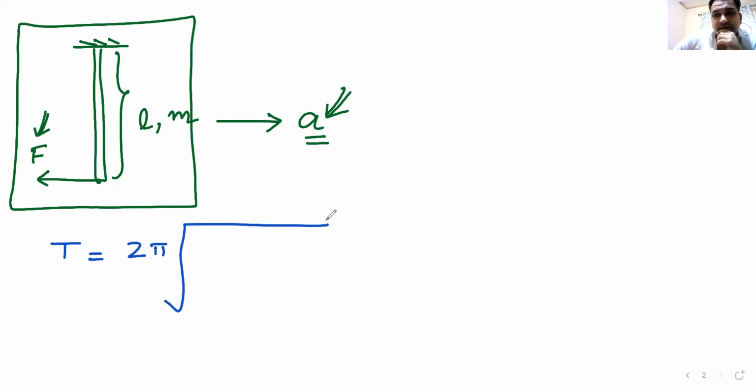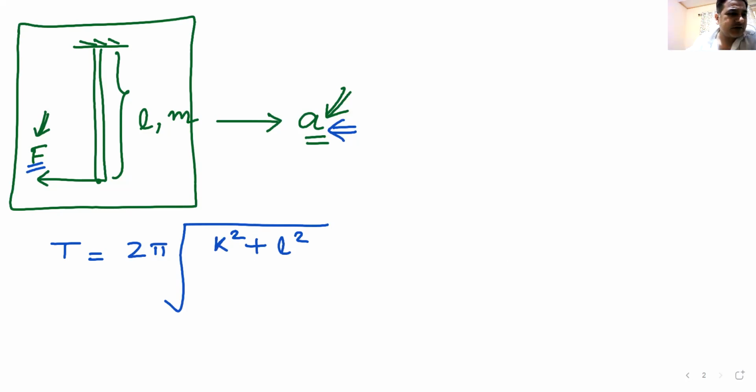Anyone? What is the answer when F is applied, and what is the answer if I am in an accelerated frame? So the answer for the first case is root of k square plus L square. Do we understand this?